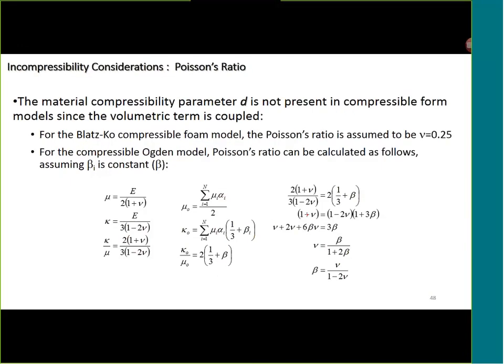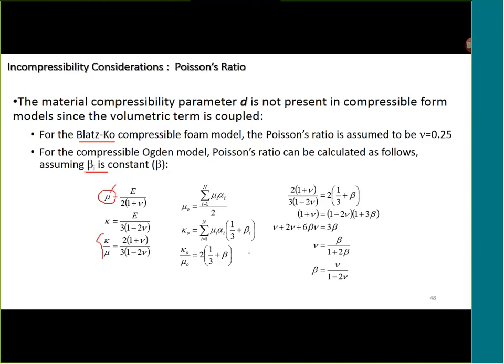And if you are working with Blatz-Ko or any type of foam material model, it is possible to relate the Blatz-Ko material constant, beta, to the regular elastic constants, which relate to the incompressibility.